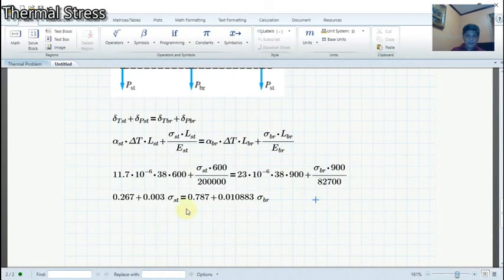Okay, so let us express the stress in the steel in terms of that of the bronze.